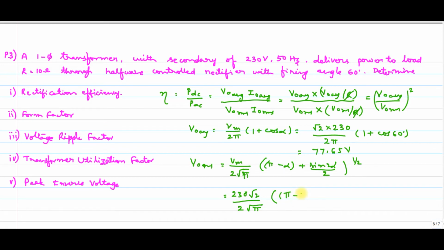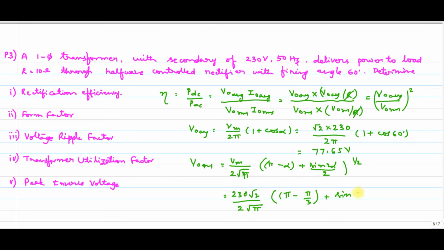We convert 60 degree in terms of pi: pi is 180 degree, so pi by 3 is 60 degree.